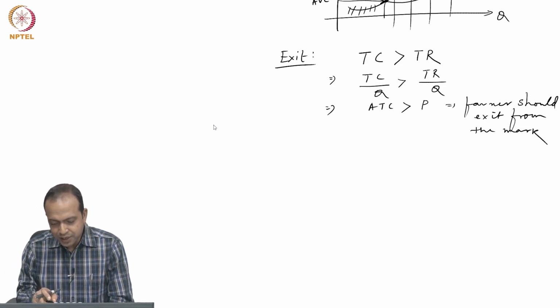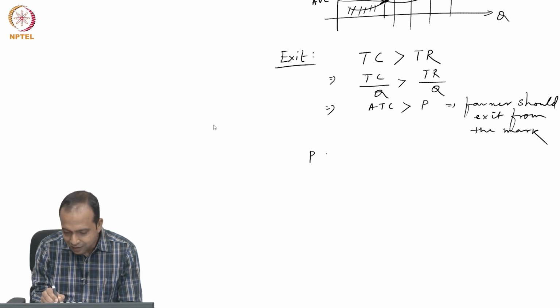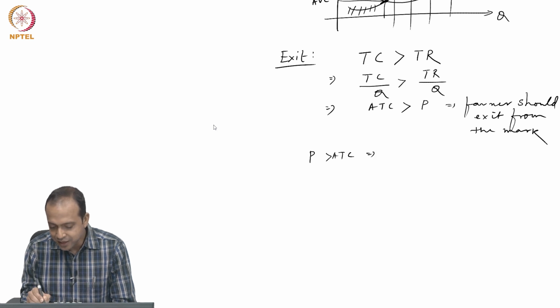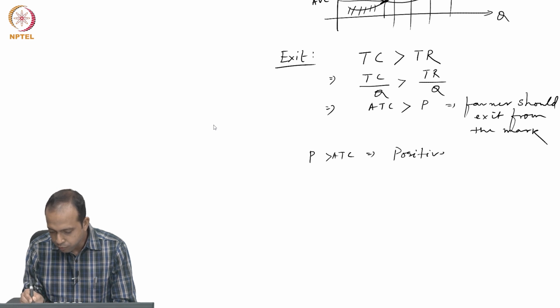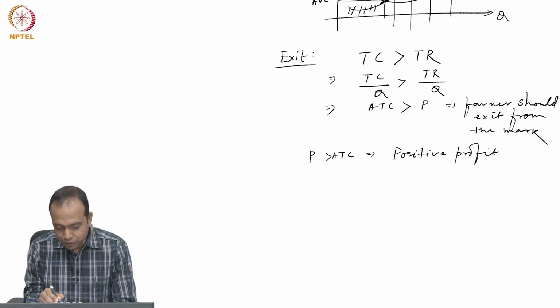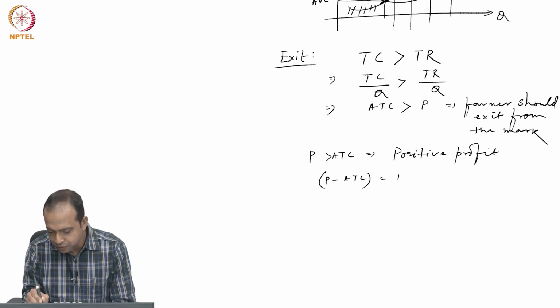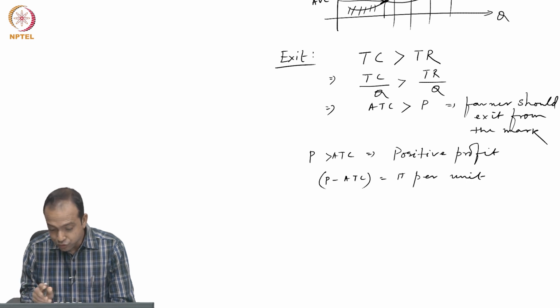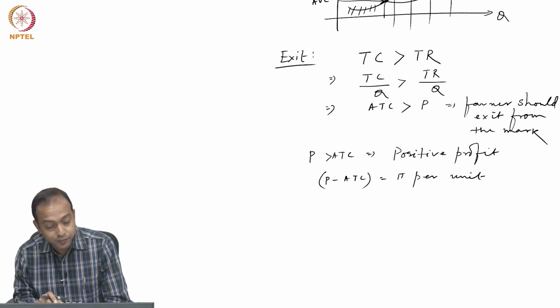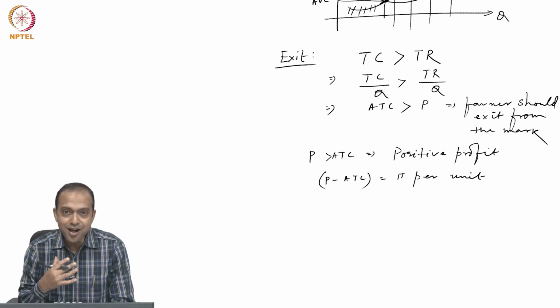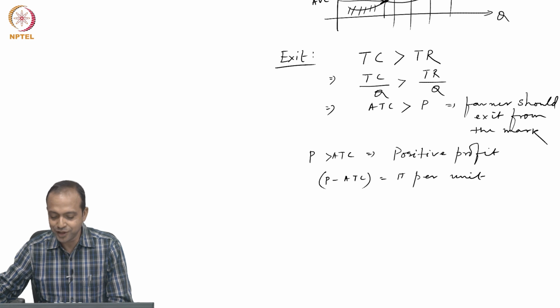Indirectly, we can think of if P is greater than ATC, then what will happen? That means there is positive profit, because we defined earlier P minus ATC is the profit per unit. So, as long as P is greater than ATC, there is profit that will attract new firms to enter into the industry.